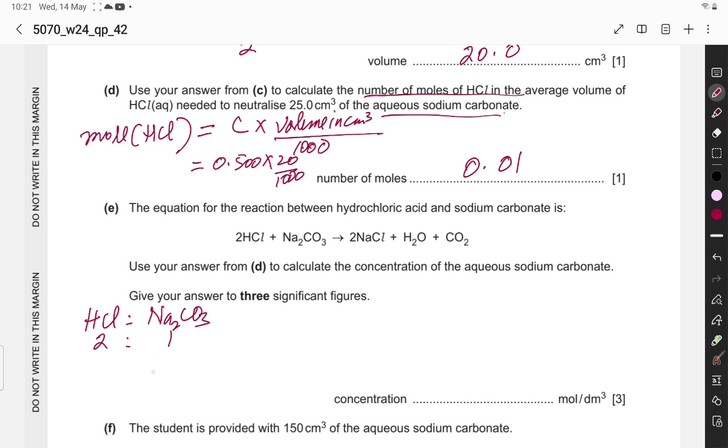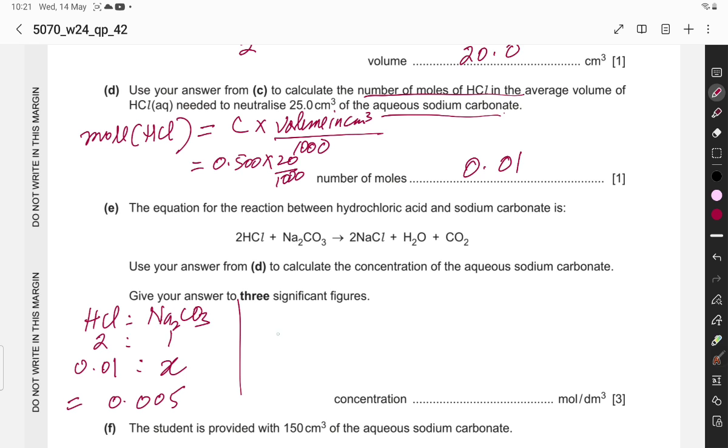We have 0.01 divided by 2, which is equal to 0.005.